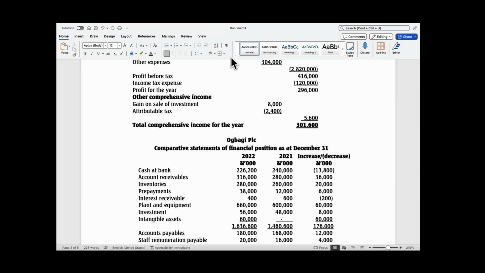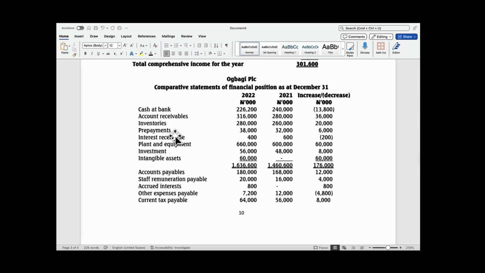So ordinarily, I'm trying to solve this in the easiest way possible for you. Ordinarily, this prepayment, where I will put it is investing. I'll be working on it line by line.